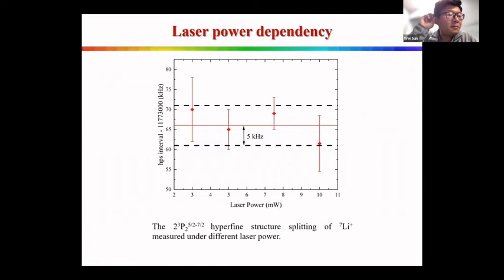And the measurements were carried out with laser power ranging from 3 to 10 milliwatts. We found no shift beyond the statistical uncertainty, and we assign an upper limit of the power-induced uncertainty to be 5 kilohertz.